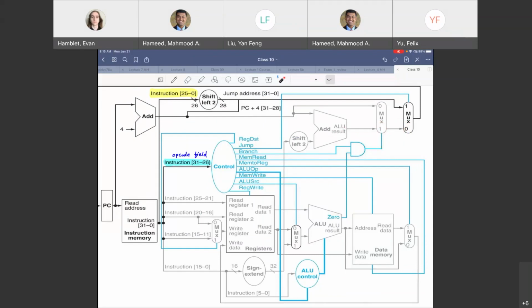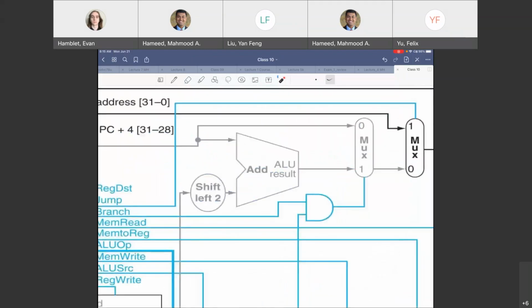Sorry, not branch address instead of PC plus 4. I should say PC plus 4 plus branch address instead of PC plus 4. Right? Because this guy over here is PC plus 4 plus branch. Over here is PC plus 4.